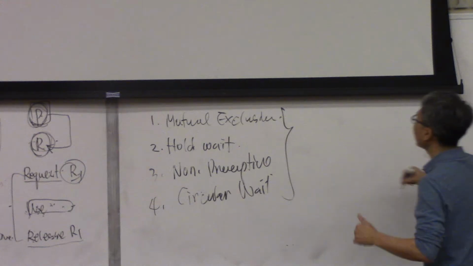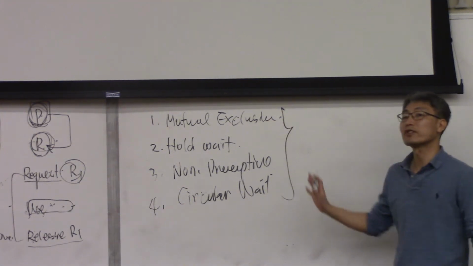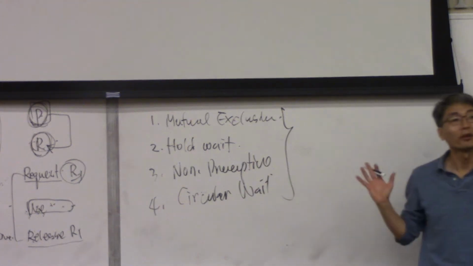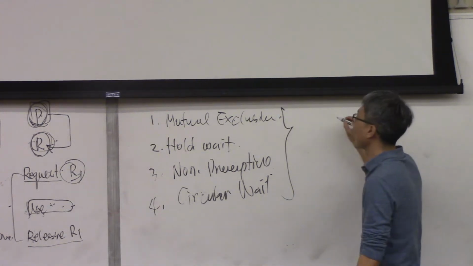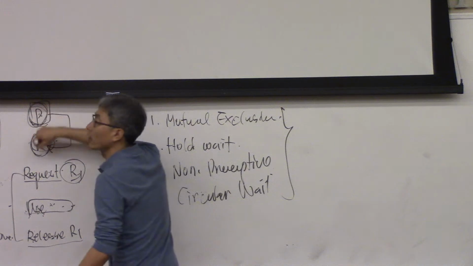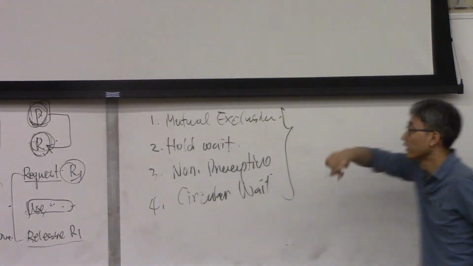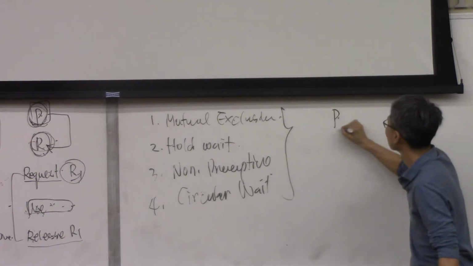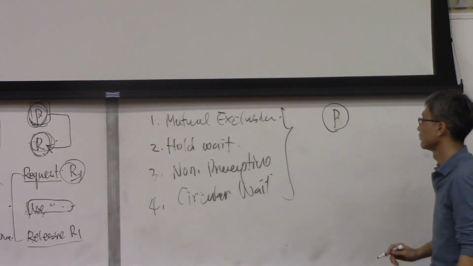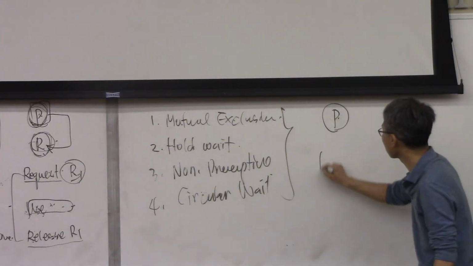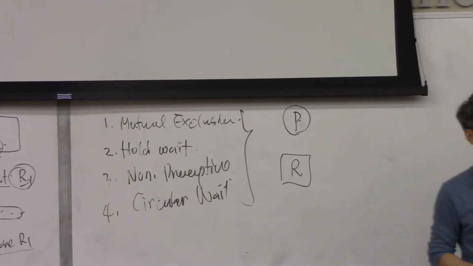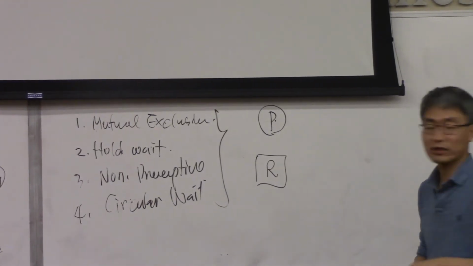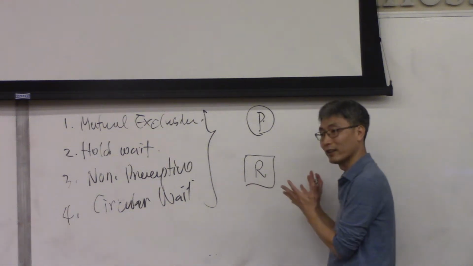Then we are going to consider these requirements in a real operating system situation. To do that, we are going to model the process and the resource. The process is a circle. The resource is like a square. We are going to use this to model and simplify the problem.